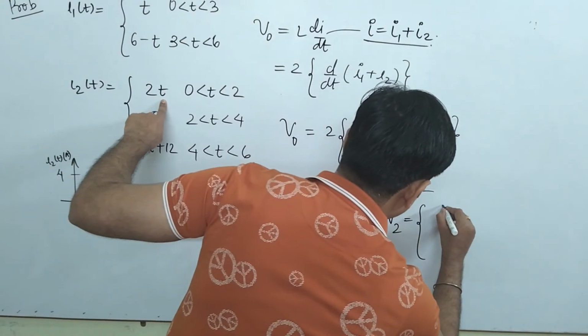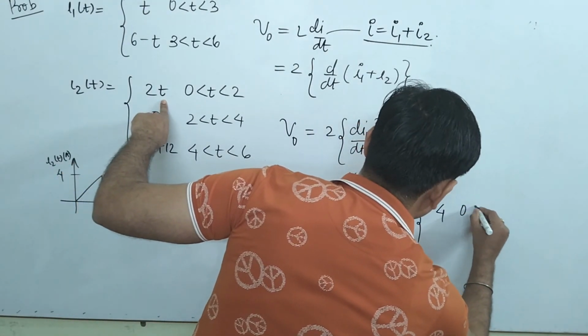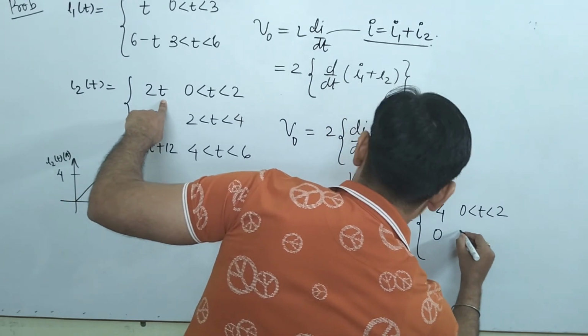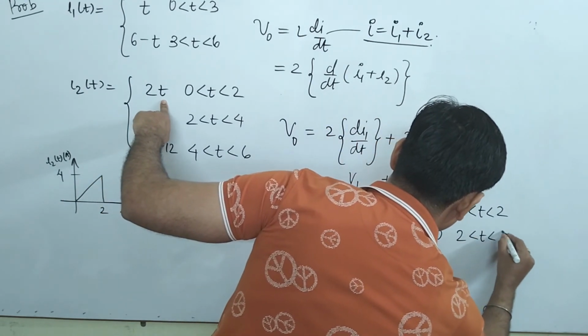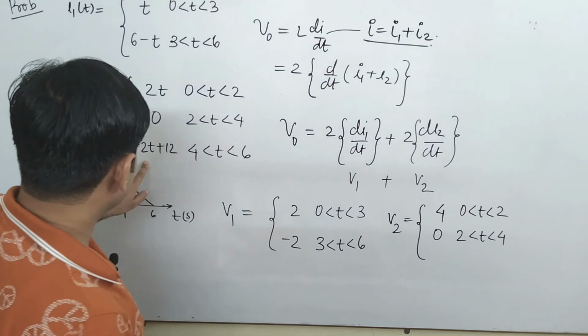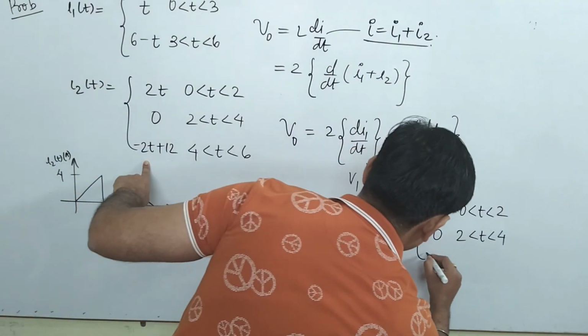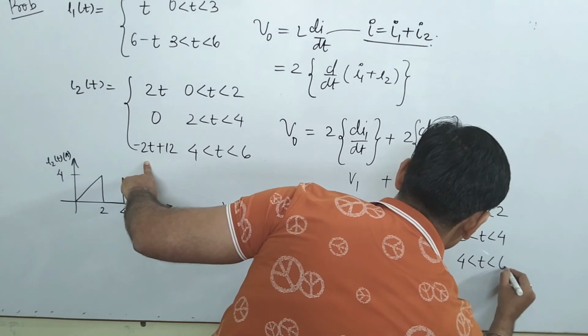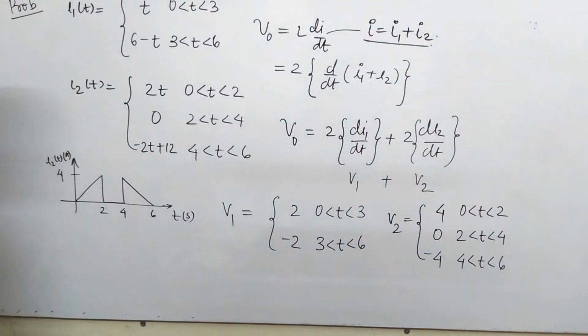So 2 into 2 comes to be 4. For this condition it is 0, and again it comes to be minus 2. So minus 2 minus 2, it is minus 4 for this condition. So like that you have to find the value of V1 and V2.